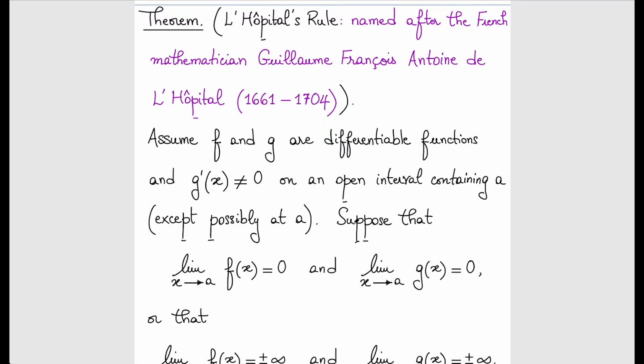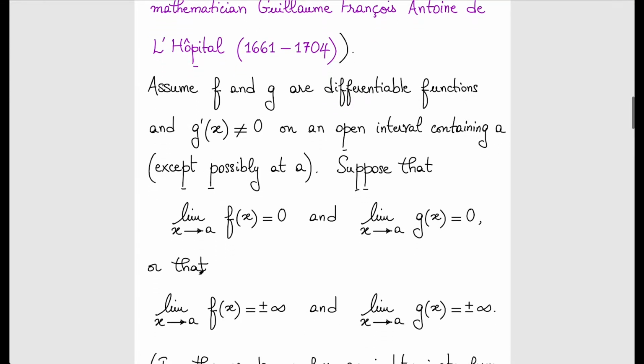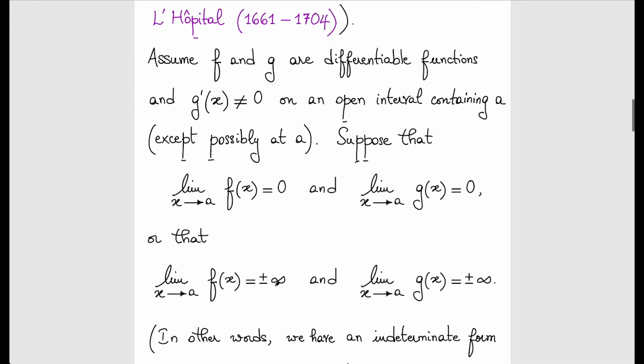So under these conditions, let's also suppose that the limit as x goes to a of the function f is 0 and the limit as x goes to a of the function g is 0. So f approaches 0 as x goes to a, g approaches 0 as x goes to a, or that f approaches plus or minus infinity as x goes to a, and g also approaches infinity as x goes to a.